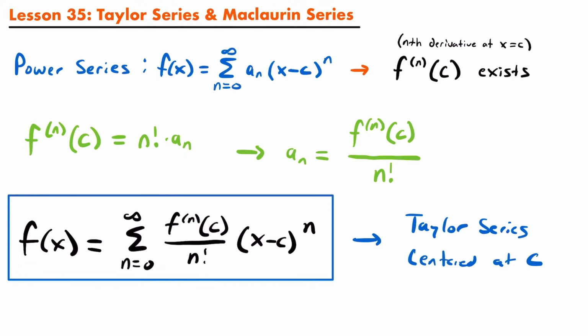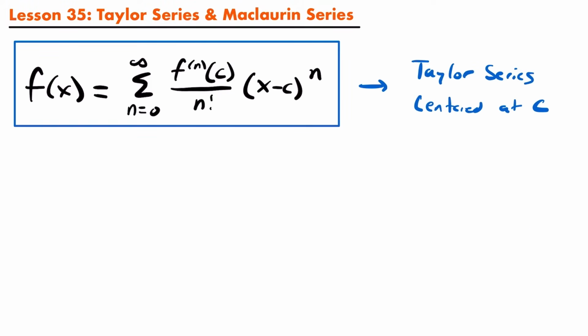Okay, and so if I clean up my work here, let's write out the first couple terms of this Taylor series just so that you can see what they look like. The first term, when n equals 0, we'll have the 0th derivative of c. Now that doesn't really make sense, right? What is the 0th derivative of a value? Well, if n is equal to 1, this would be the first derivative. N equals 2, we would have the second derivative. So when n equals 0, well, that would just be the equivalent of the actual function itself.